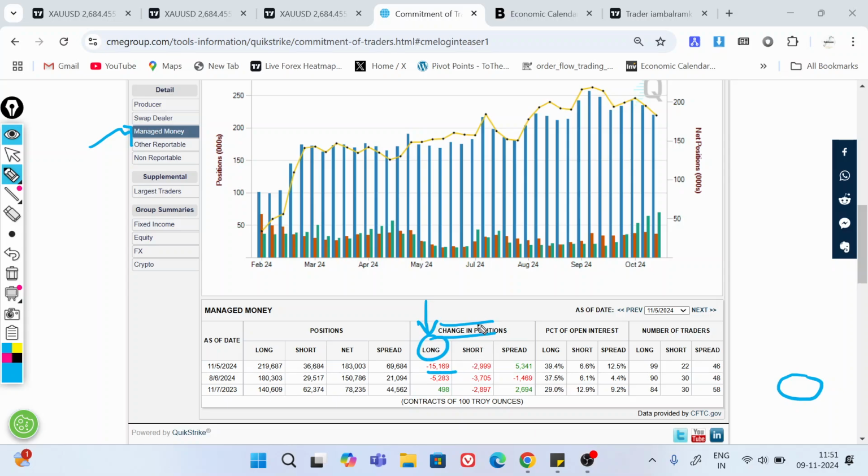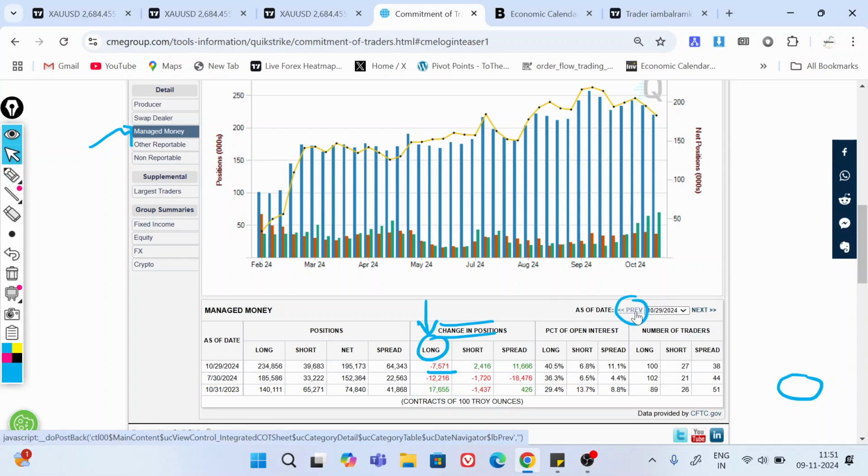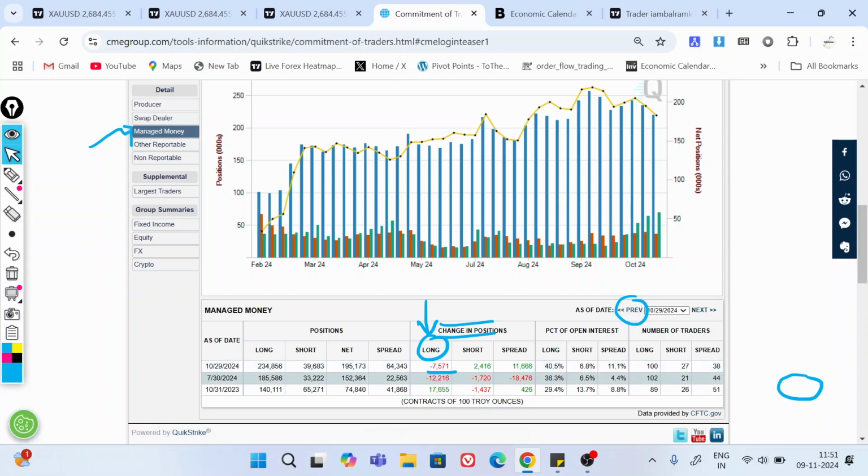Also, if you remember the previous week's COT report that I shared in the Telegram channel and on my previous weekly analysis video, you can see that in the previous week also the managed money were decreasing their long positions and adding positions on the short side.